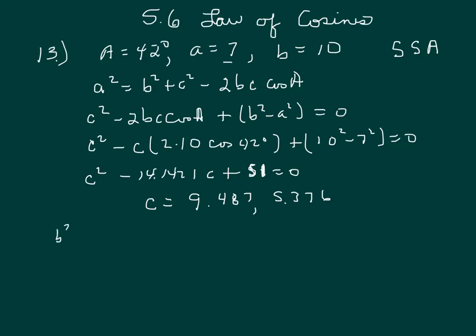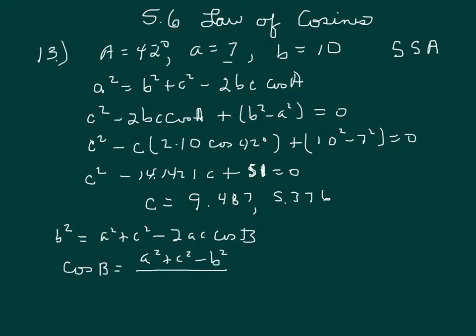Now, solving for the angle B, we have b squared from the law of cosines is equal to a squared plus c squared minus 2ac cosine B. Solving then, we get the cosine B is equal to a squared plus c squared minus b squared over 2ac. We have two values of c.